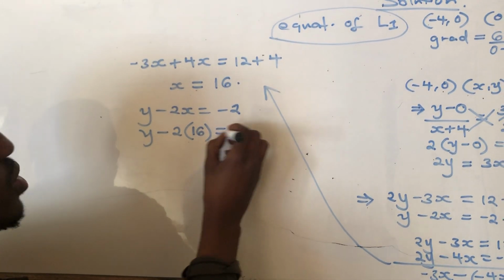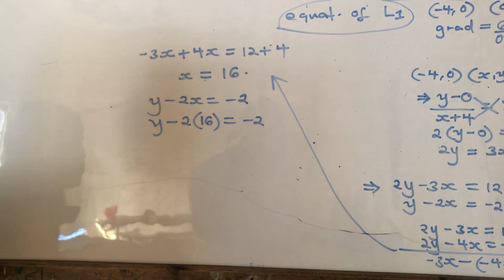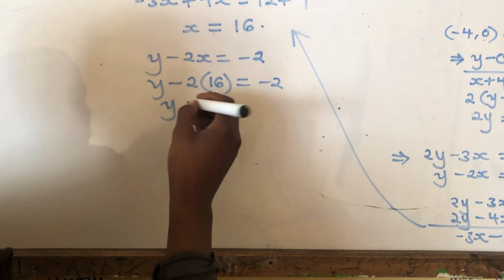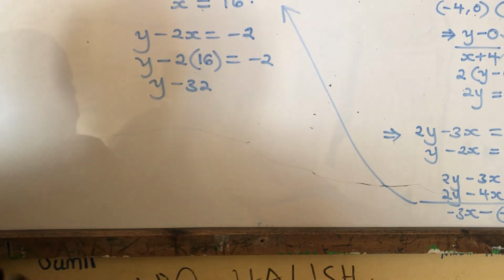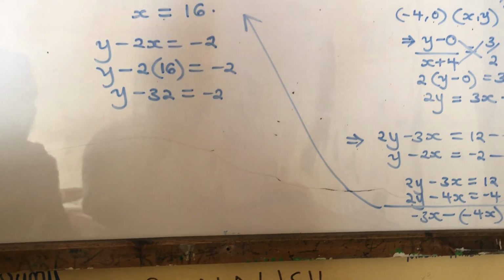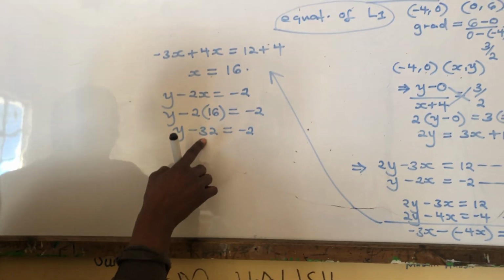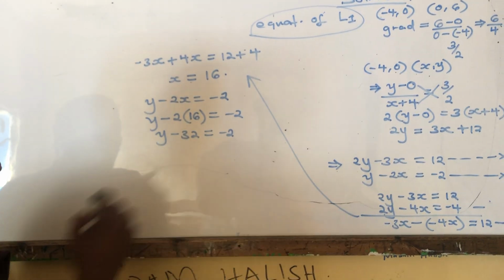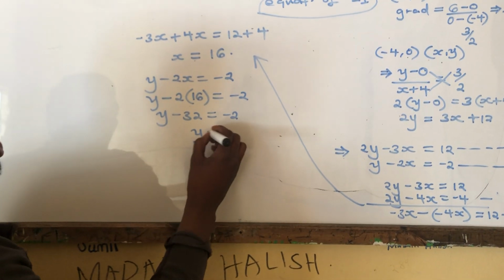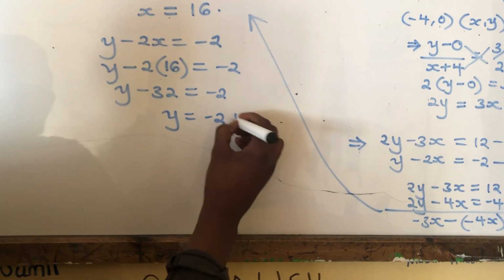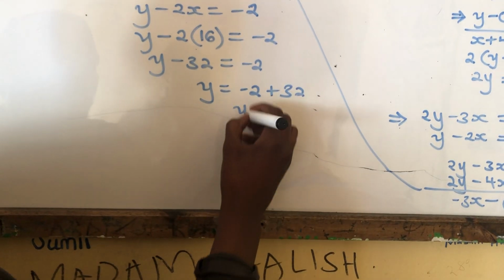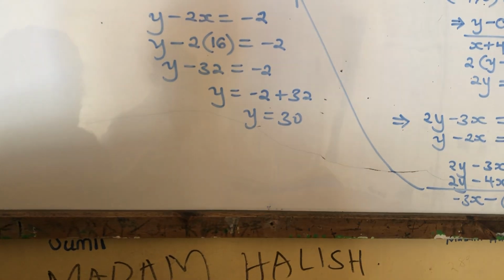So this will be y, negative 2 times 16 will give us negative 32 is equal to negative 2. The 32 will then cross over to the other side of the equal sign, giving us y is equal to negative 2 plus 32. And negative 2 plus 32 will give us 30.